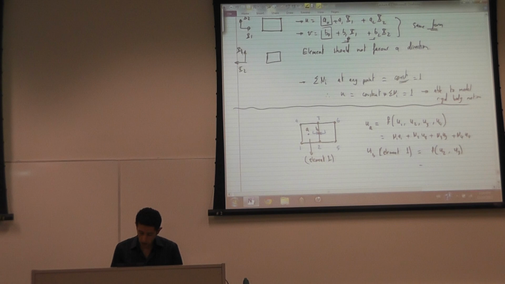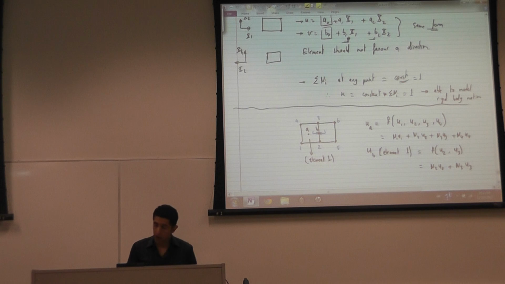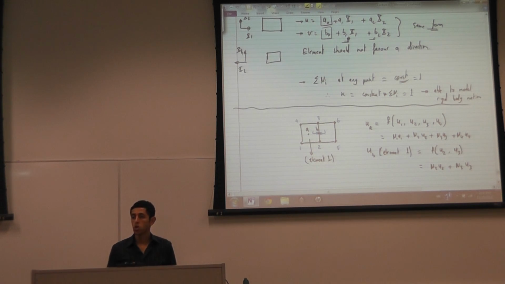Because this is equal to N2 U2 plus N3 U3, and N1 and N4 on this line, when we made those shape functions, were equal to 0. So N1 and N4 right here were equal to 0, which means the displacement here does not get any contribution from node 1 or node 4. The displacement here is only a function of node 2 and node 3.